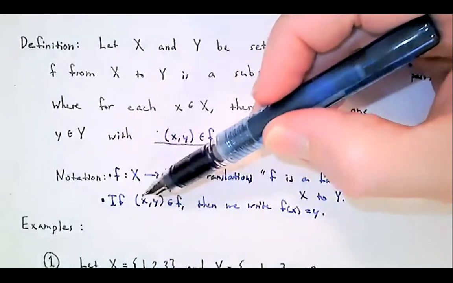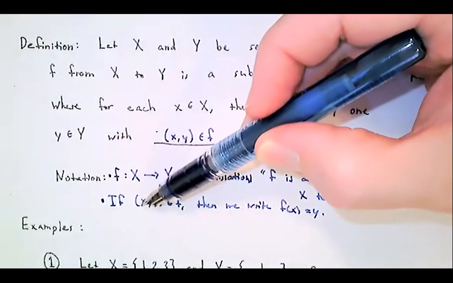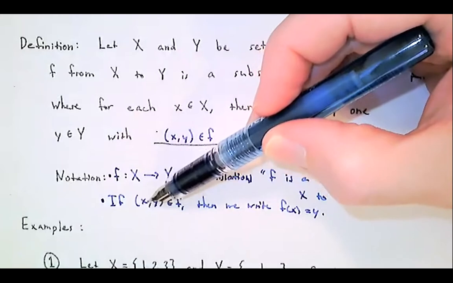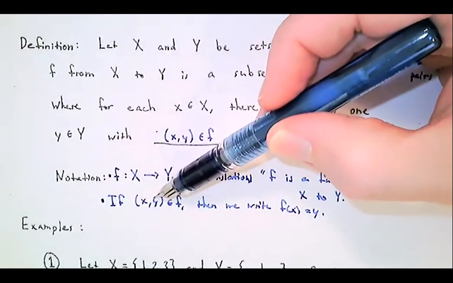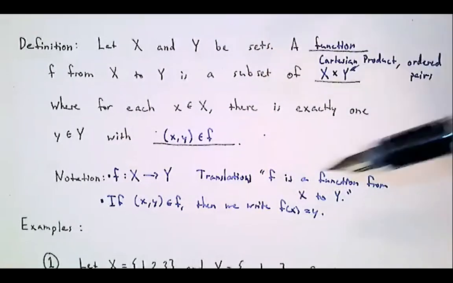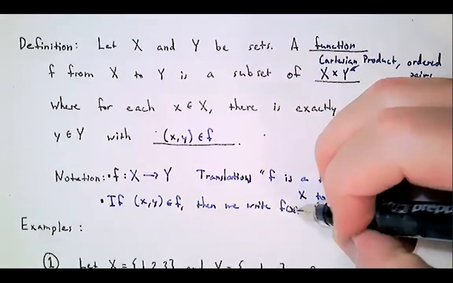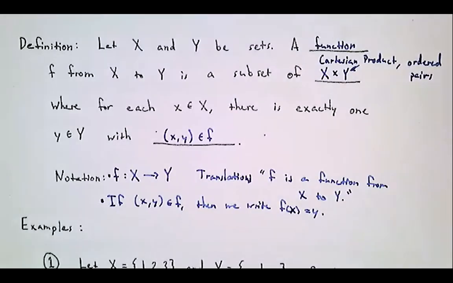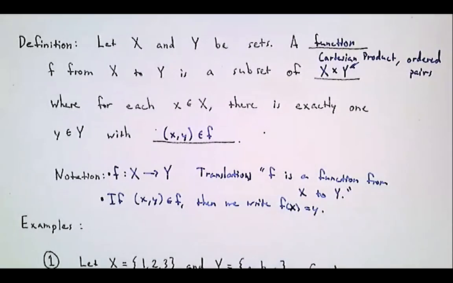So what an ordered pair means is that the left element, the first element, is the input of the function, and y is the corresponding output. So this is how it would look in the old functional notation, which we'll actually be using most of the time anyway.